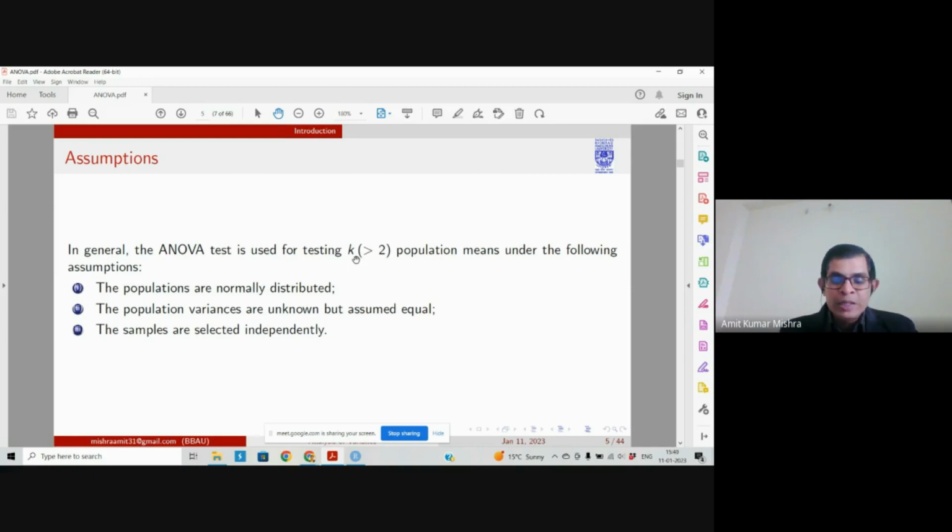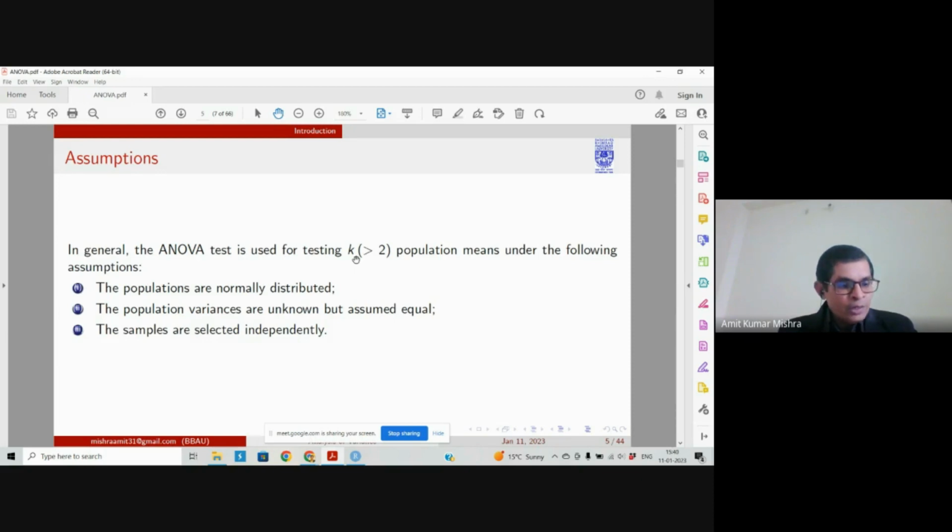That means we assume the data is coming from different populations, and the characteristic in which we are interested follows a normal distribution. The second assumption is that the population variances are unknown, but we assume that they are equal. That means the variances of the first, second, and third populations are equal. The third is that samples are selected independently, within the population and between the populations also.